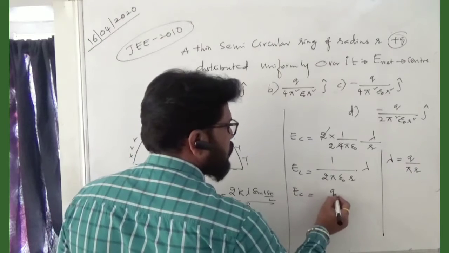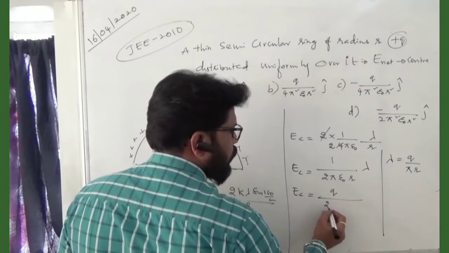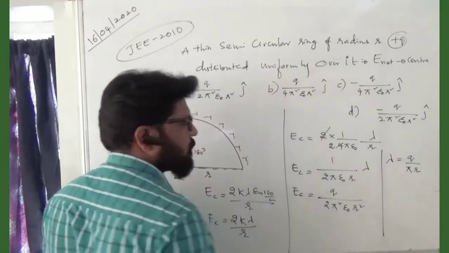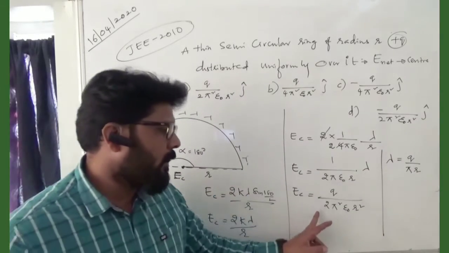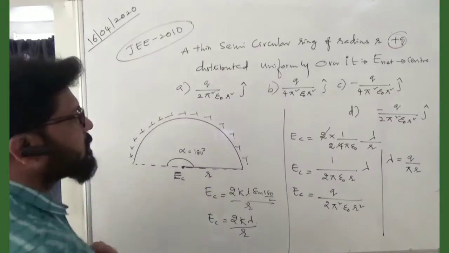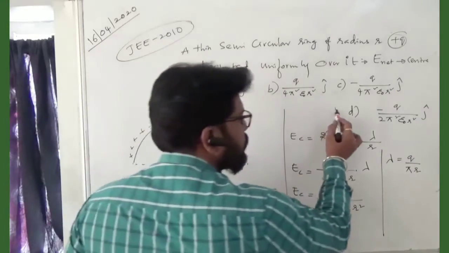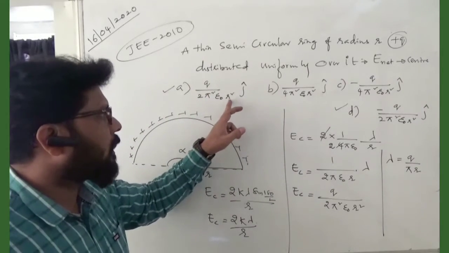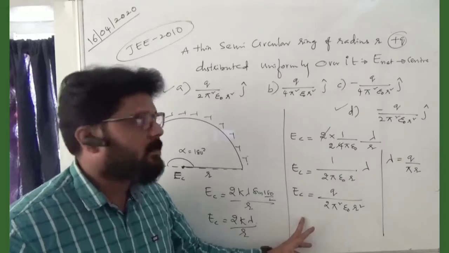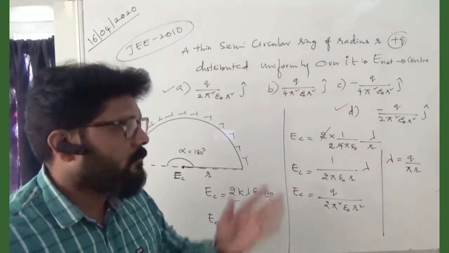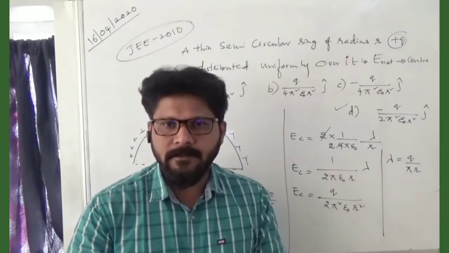E is equal to Q by 2 pi square epsilon naught r square. See here, one option is matching, and the other option is also matching this answer. Now the question is, which is correct, or are both correct?